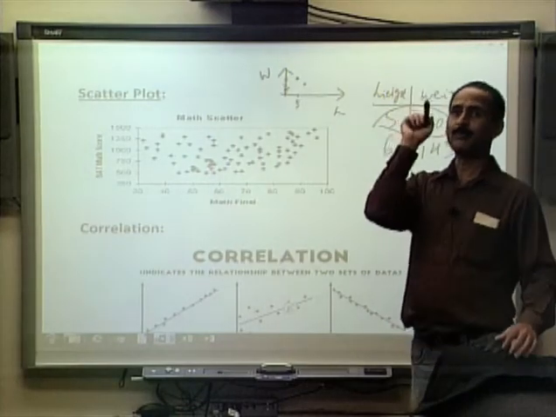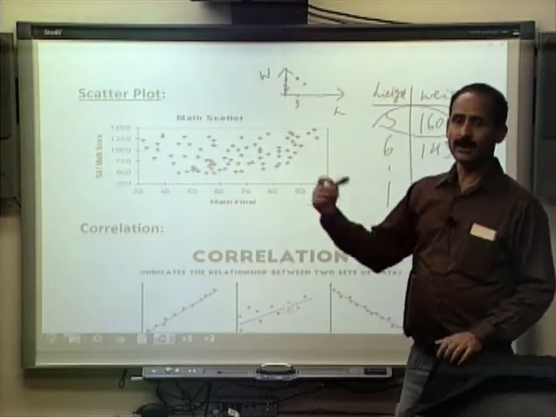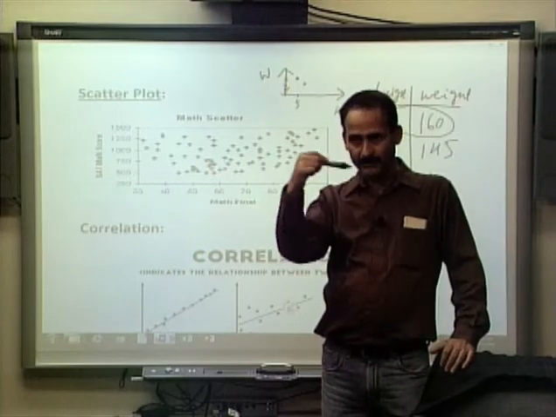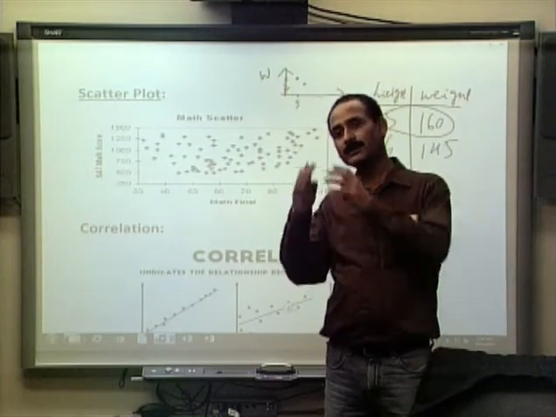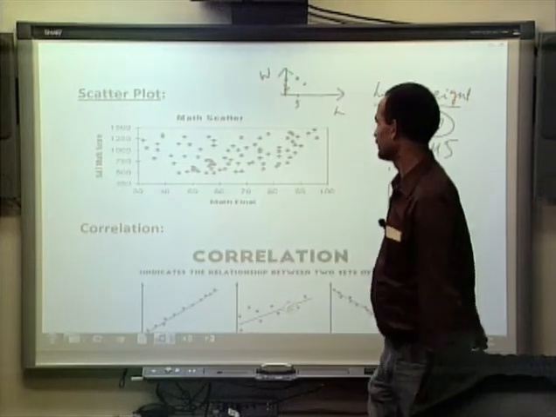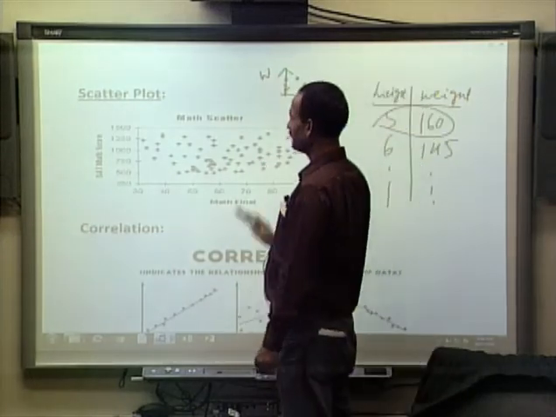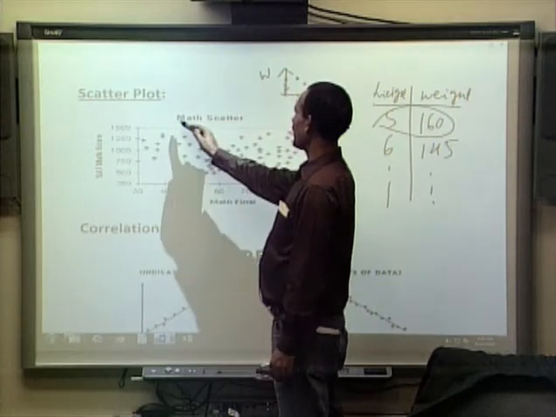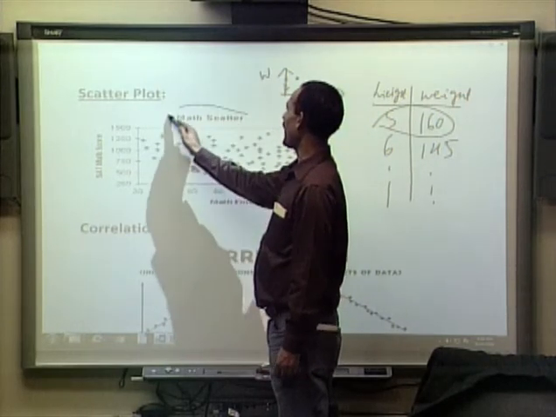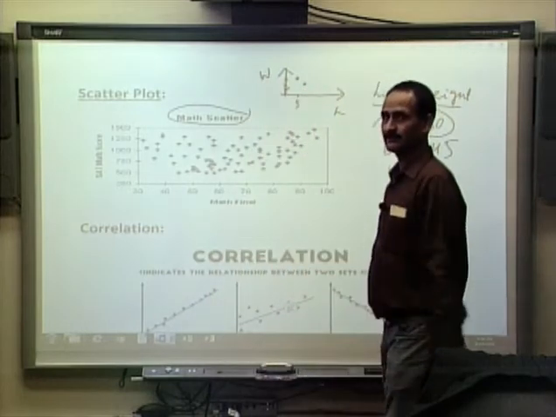We are plotting points in the plane where the x-axis is one variable and the y-axis is the second variable associated with our study. Here is a scatter plot in this example, a scatter plot of math scores.